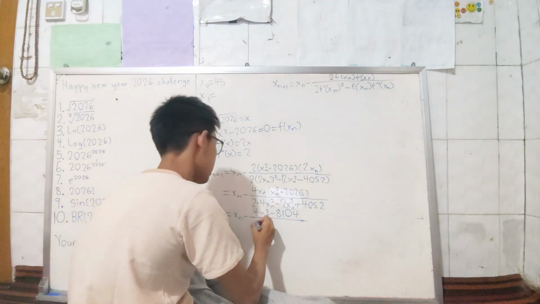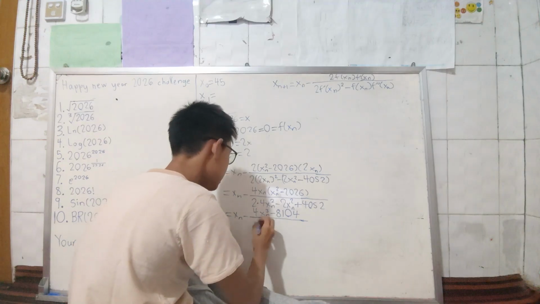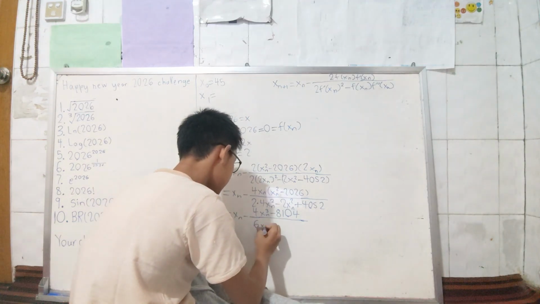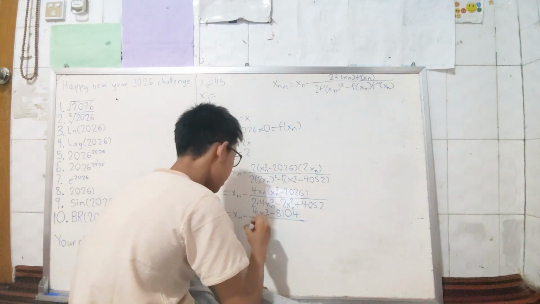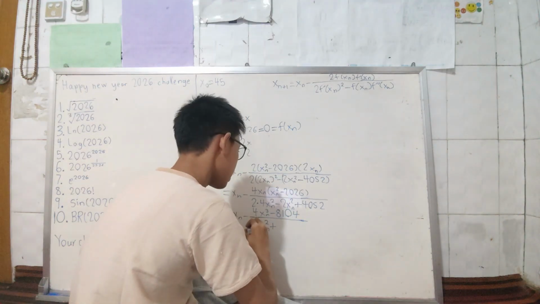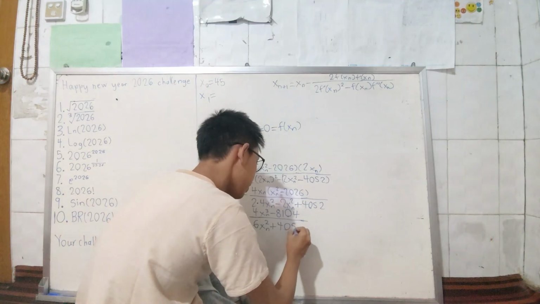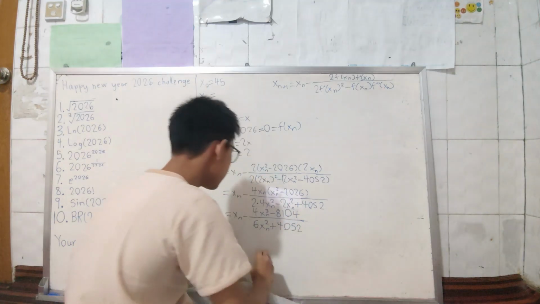And then 2 times 4 is 8, 8 minus 2 is 6, so it's 6x of n squared plus 4052.